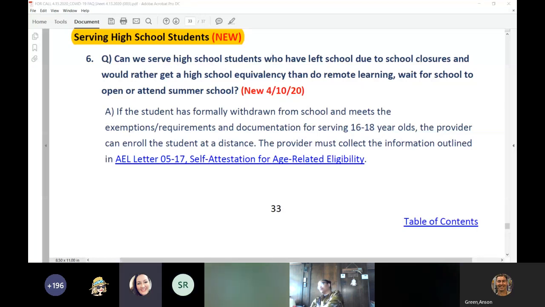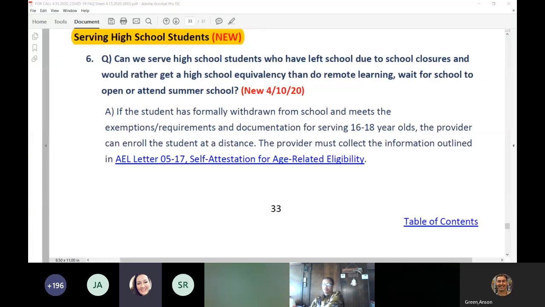Yeah, and I'll answer that the best that I can without actually pulling up the guidance, because I wrote that a long time ago. But basically, through this self-attestation process, we require that you ask them a series of questions to determine their current enrollment status through their local district. So some of the questions are, are you currently enrolled in school? Do you have plans to return next semester?